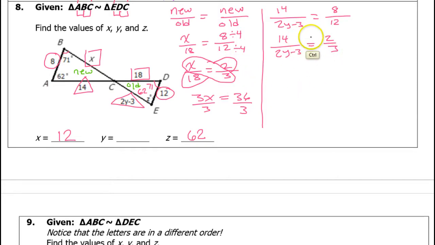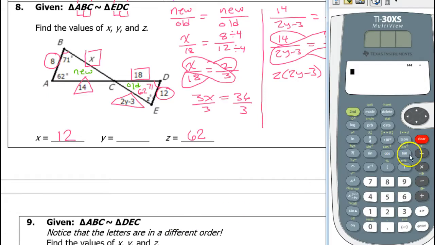So once again, I'm going to cross multiply. So if I do this diagonal, that's going to be 2 times 2y minus 3. And then I do this diagonal. So that's 42.